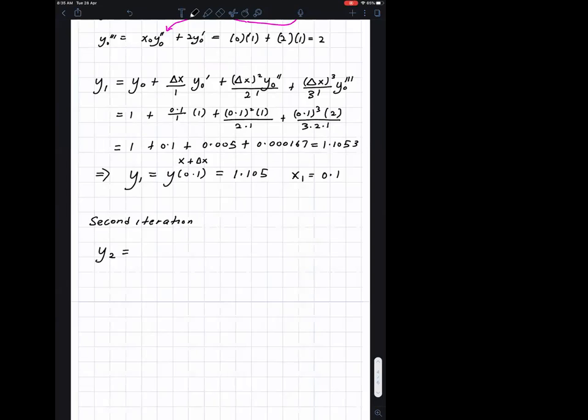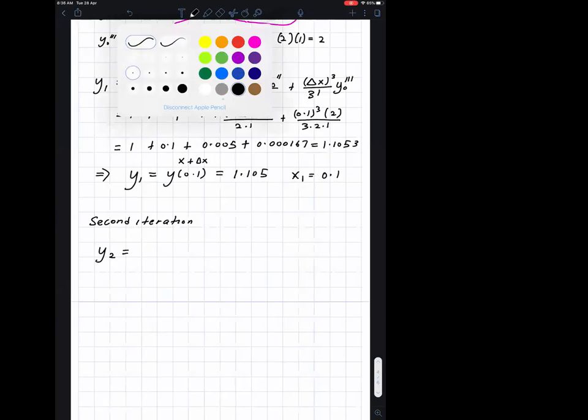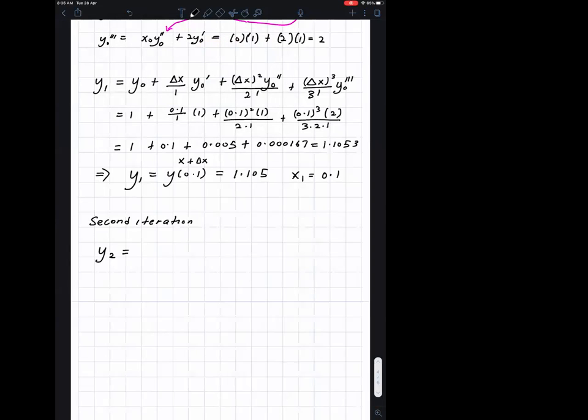In general, for yn, it's going to be delta x over 1 factorial times y n minus 1, and so on.